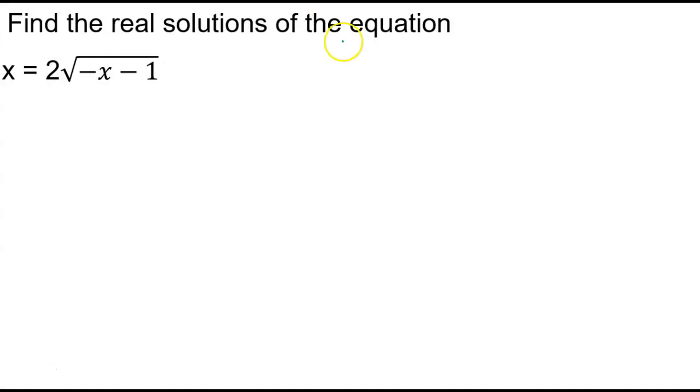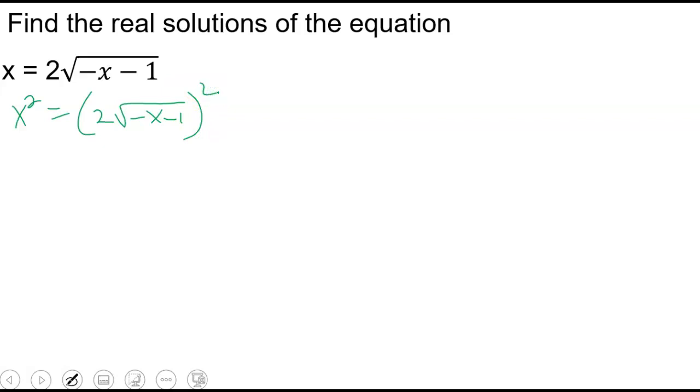So next, solve the real solution. So this one, oh, thank God, is simpler because the term with the square root is by itself. So we're going to go ahead and square both sides. So x squared equals 2 square root of negative x minus 1, squared.